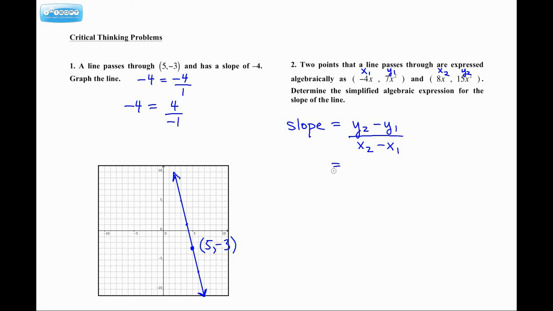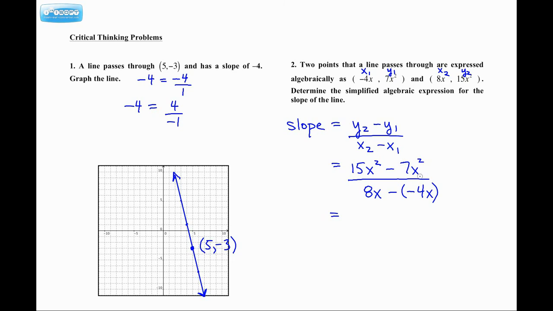Okay, so let's start filling in what we have. y2 was 15x squared minus y1, that is 7x squared, over x2, that is 8x, minus -4x. So you got to be careful here. You're subtracting a negative. There we go. All right, so we have a bit of an algebraic mess, but we're just going to simplify it as best we can.